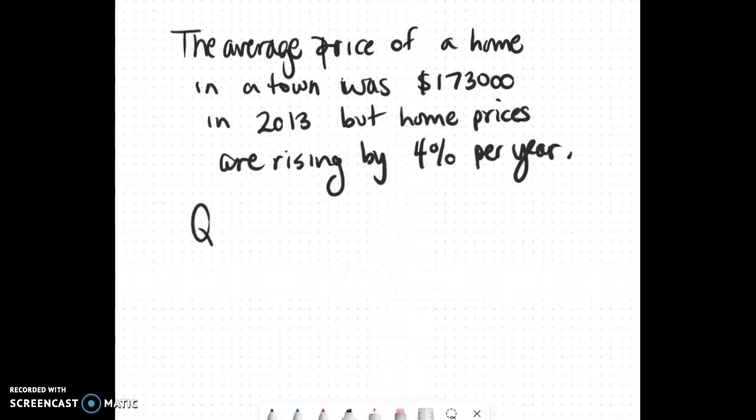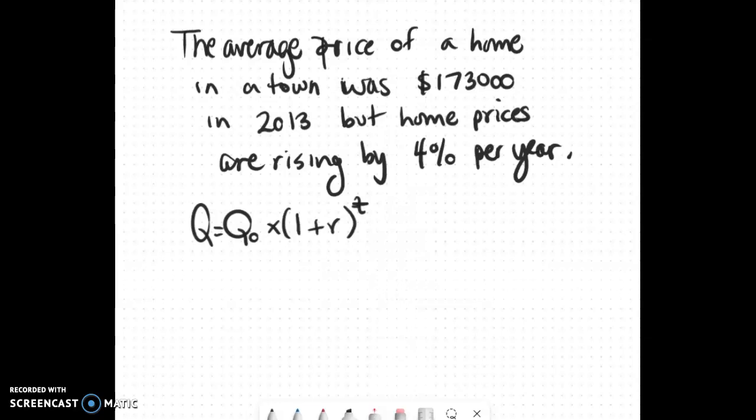So Q is equal to Q sub 0 times 1 plus R to the T power. And so it is telling us to find an exponential function. But let's take a step back and think about what the difference is between a linear and an exponential function in chapter 9.